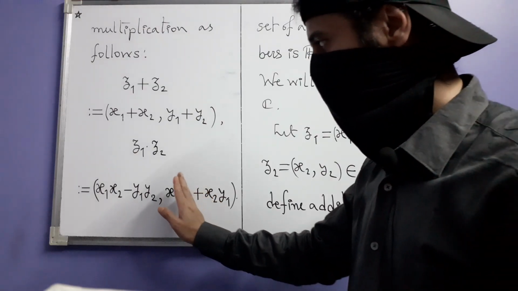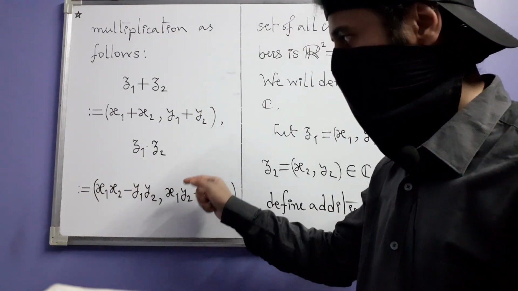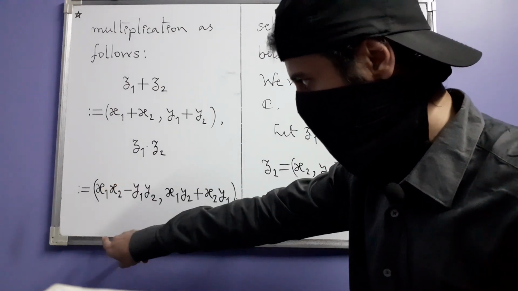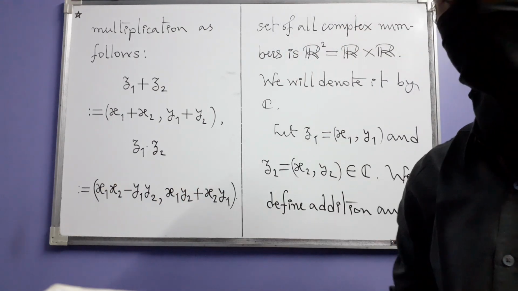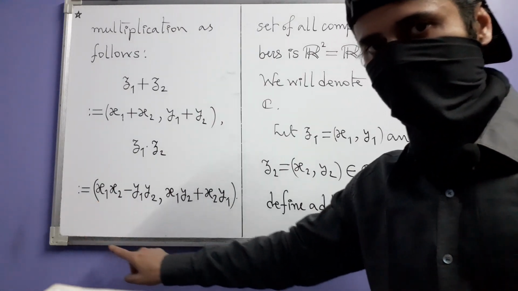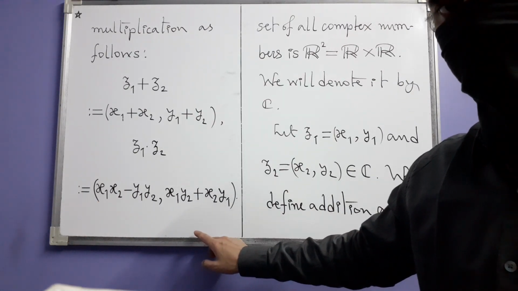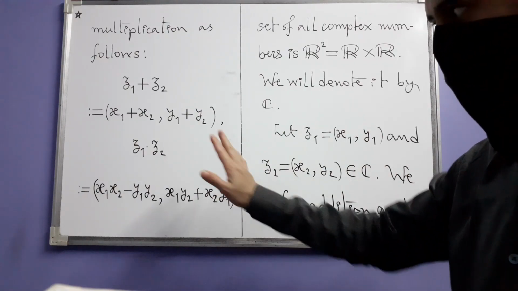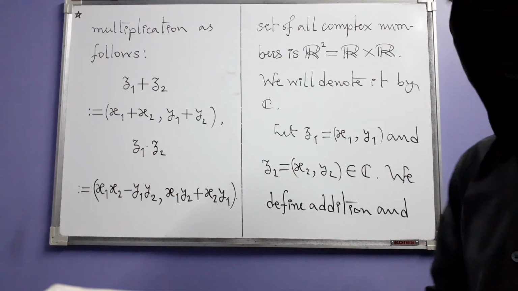However, in spite of this complicated combination, for given x1, y1, x2 and y2, this is again a unique real number and so is this. So this is a unique ordered pair of real numbers, or in other words, a unique complex number. So yes, multiplication is also well defined.